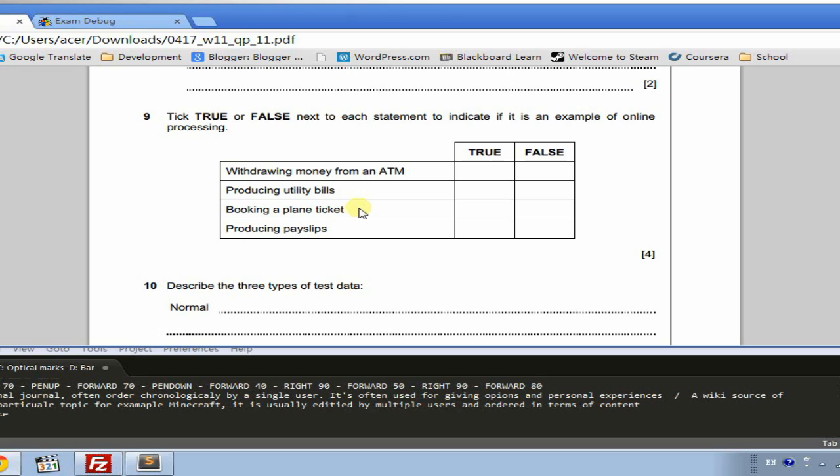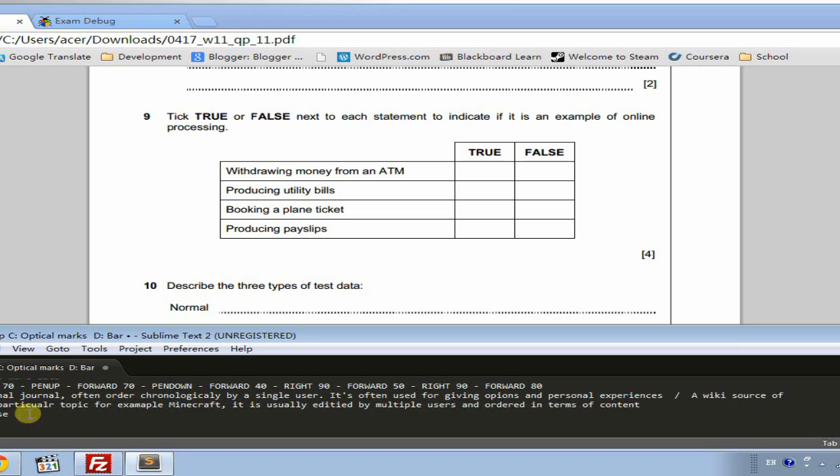So what we have to have is online processing, so that it's constantly updating and checking, so that if I book the seat, then he cannot book the seat, or vice versa. So this is going to be true, as we need real-time inputs. Sorry, C, not A.